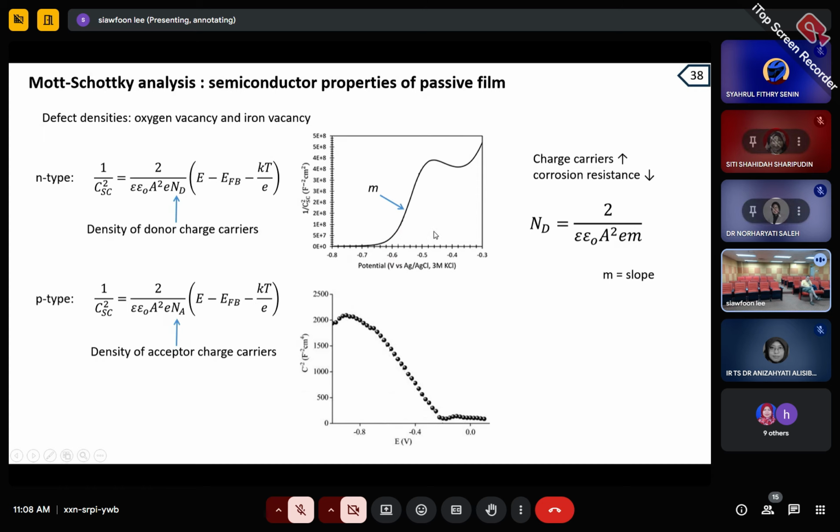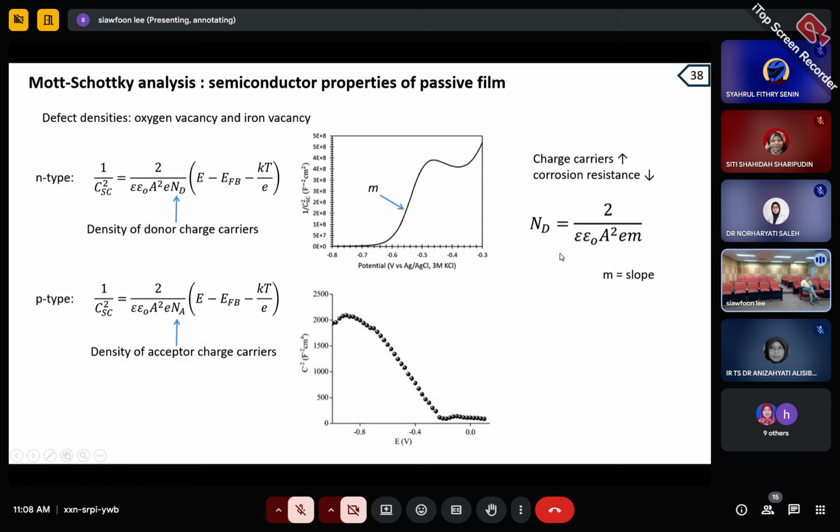So the same thing is from the slope here, this M is the slope. You get the value of the slope, and you plug in here, then you get the ND. ND is the concentration of the charge carrier. If you have a very high charge carrier concentration, the passive film has a lower resistance, because a lot of charge carriers means electrons flow through the steel.